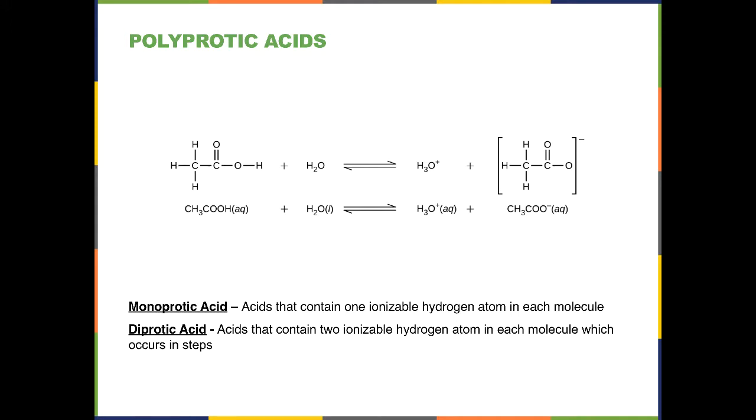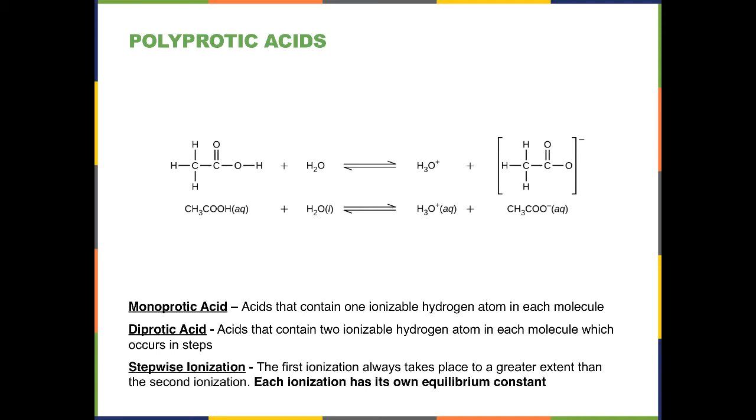Diprotic acids are acids that contain two hydrogen ions or two protons with each molecule. And then polyprotic would be anything above one, actually. So diprotic is a subclass of polyprotic.